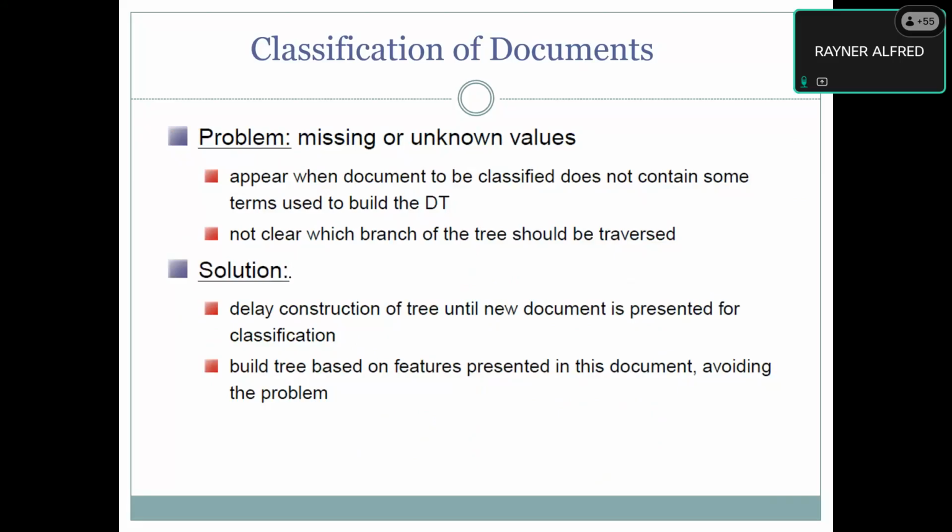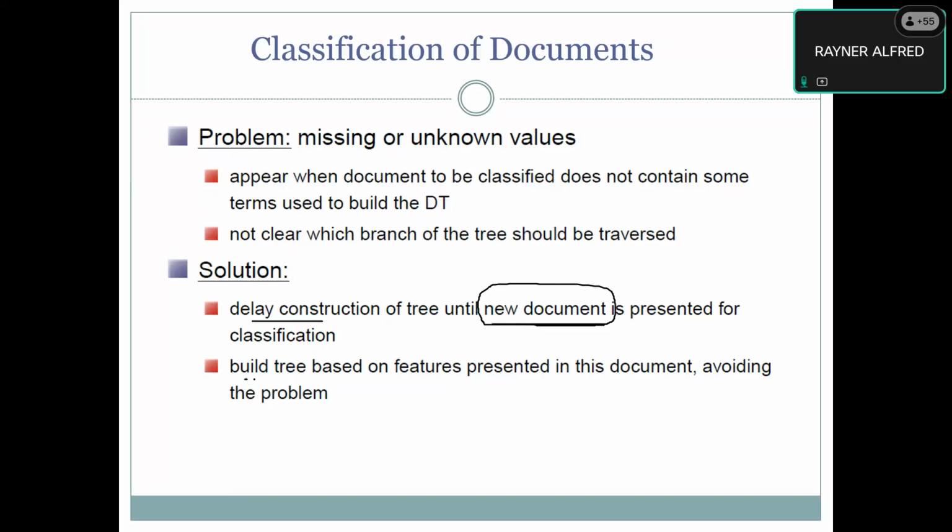The solution is we delay the finalization of the tree construction until the new documents are presented for the modeling. This means we make sure that the documents we have can be classified, meaning they consist of words that can reach the leaf of the tree.